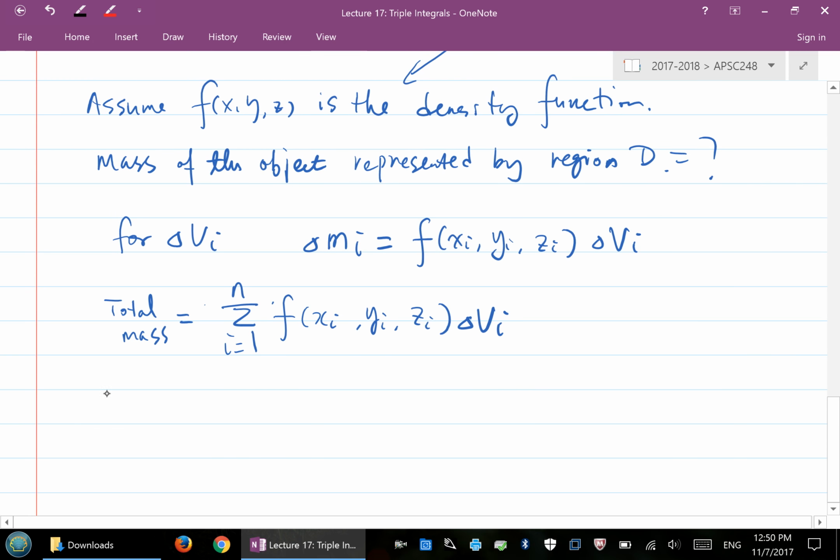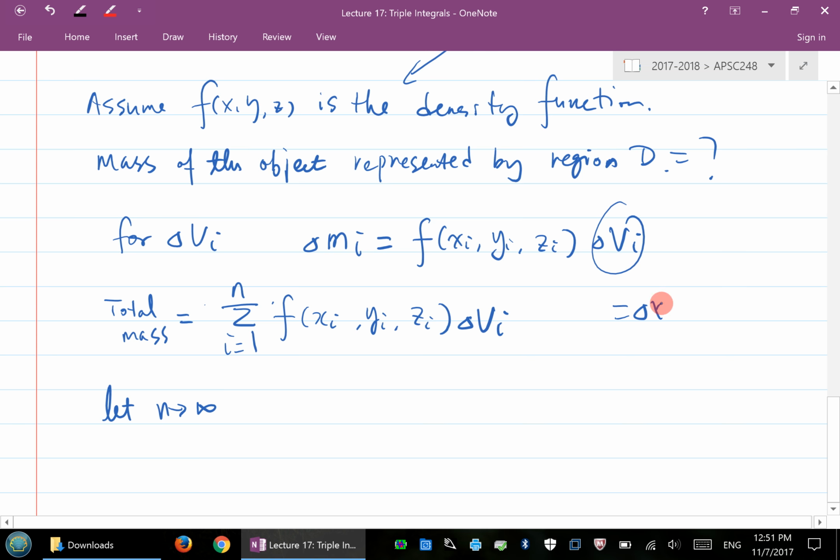Then you can let this n go to infinity. If you section that region D into an infinite number of cubes, the summation sign here will become an integral sign. And this delta Vi, remember what delta Vi is, right?